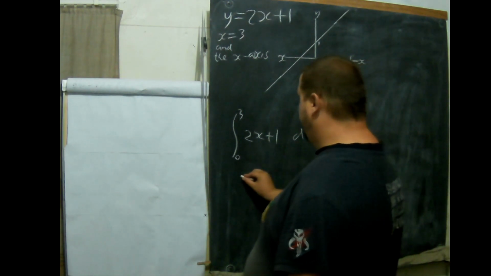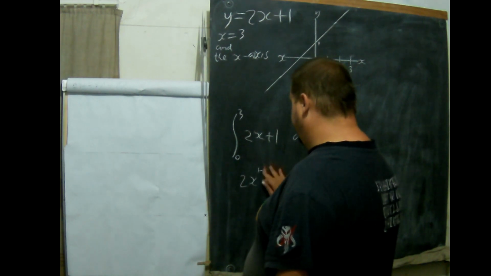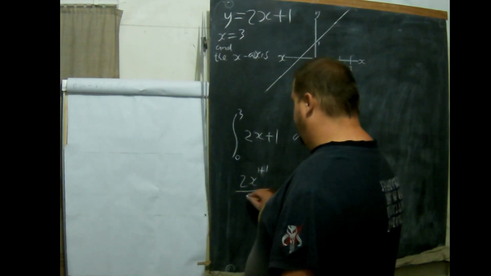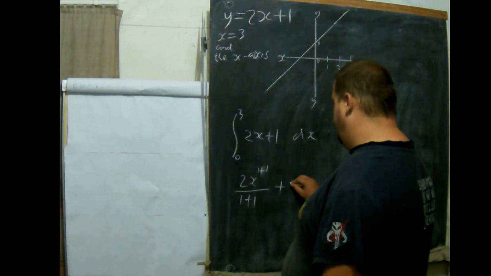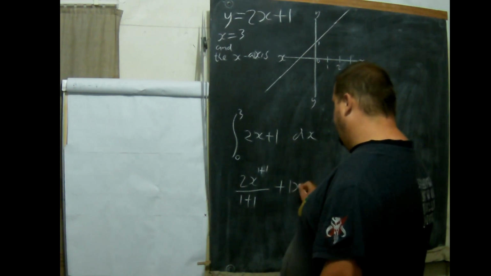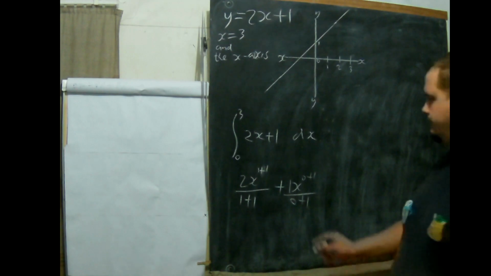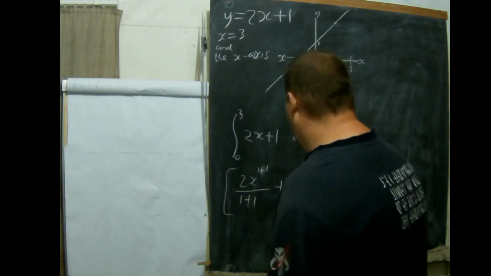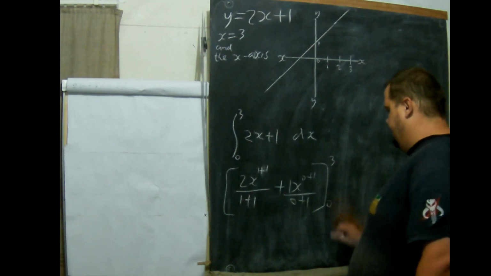So 2x becomes 2x to the power 1 plus 1 over 1 plus 1, plus 1x to the power 0 plus 1 over 0 plus 1, in a square bracket, 3 and 0.